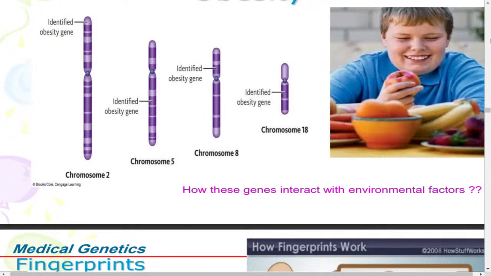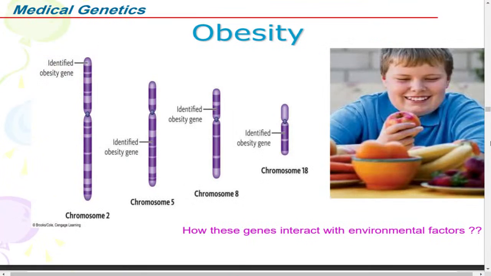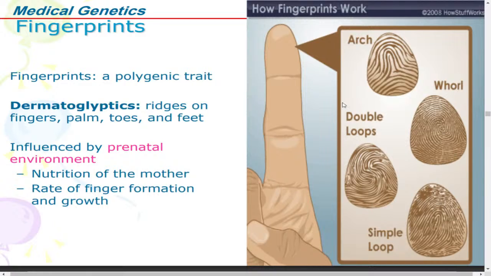Multifactorial causes make the fingerprint look how it looks, from the nourishment from the mother and finger formation, which are environmental and gene related.